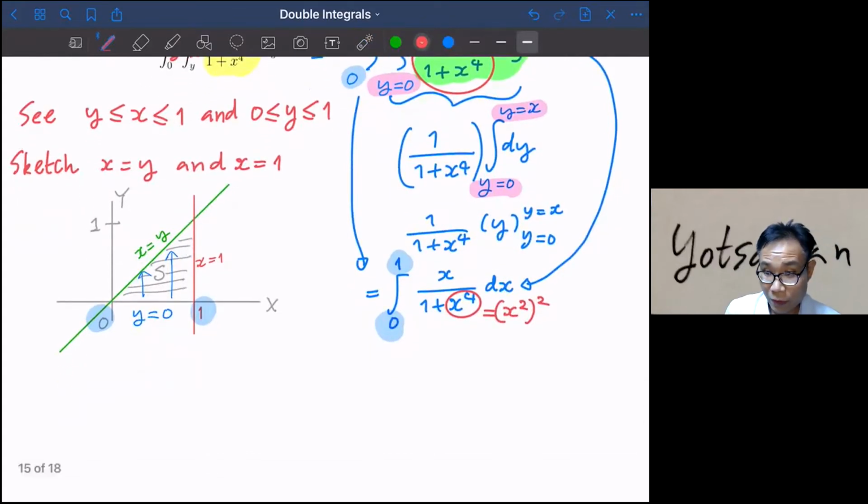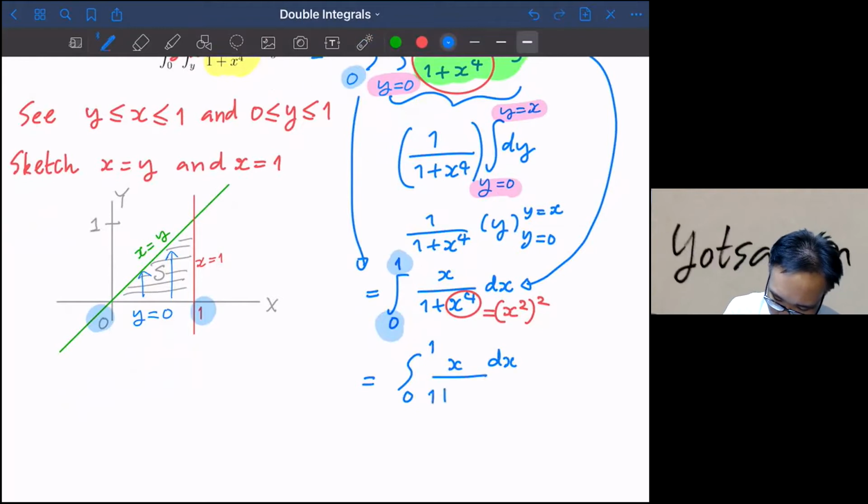That is the thing that we used to do in Calculus 1. And this turns out to be the integral from 0 to 1 of x dx over 1 plus x squared, squared.